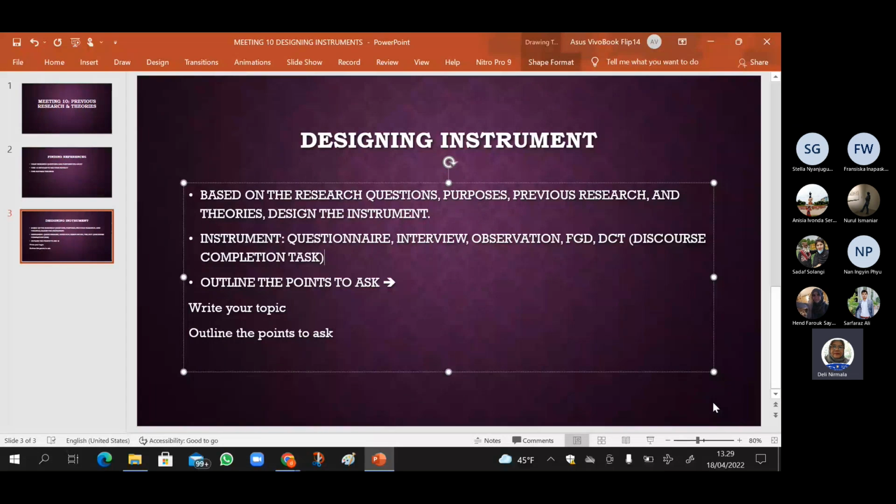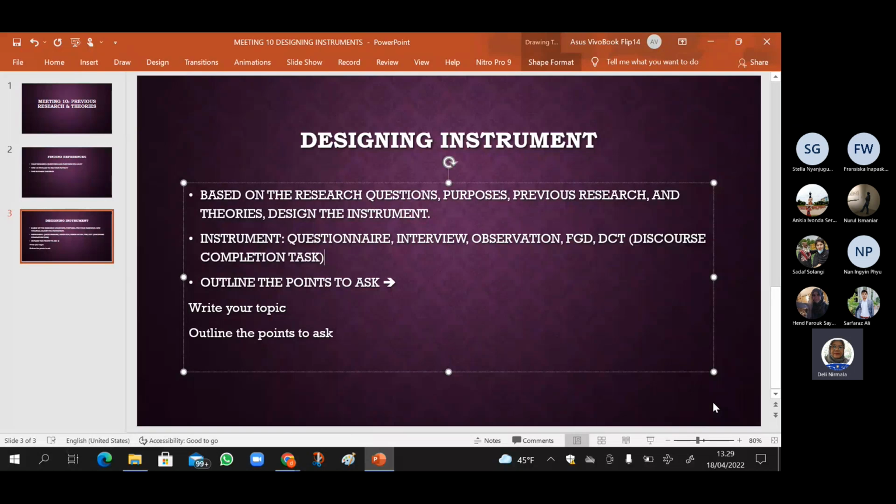DCT, discourse completion task. In DCT, you give some situations in order to require the respondents to give answers or to complete the task.